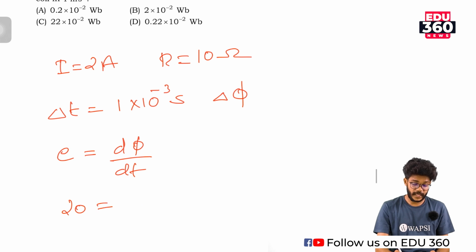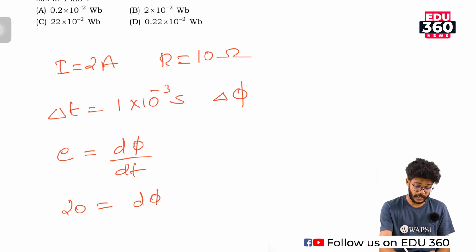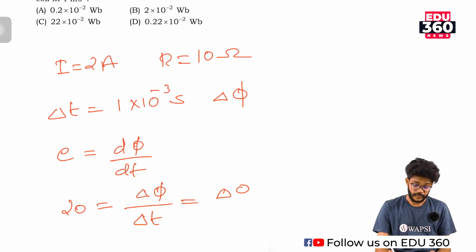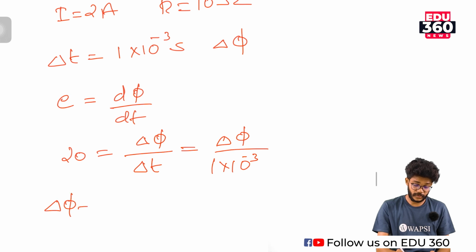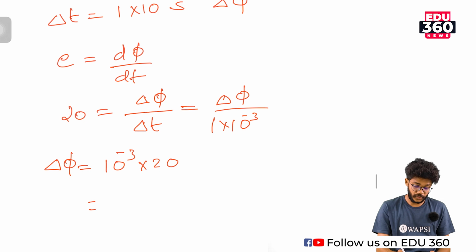So 20 is equal to change in phi by change in time, which is 1 into 10 raised to minus 3. So change in phi is equal to 10 raised to minus 3 into 20, which is equal to 2 into 10 raised to minus 2.